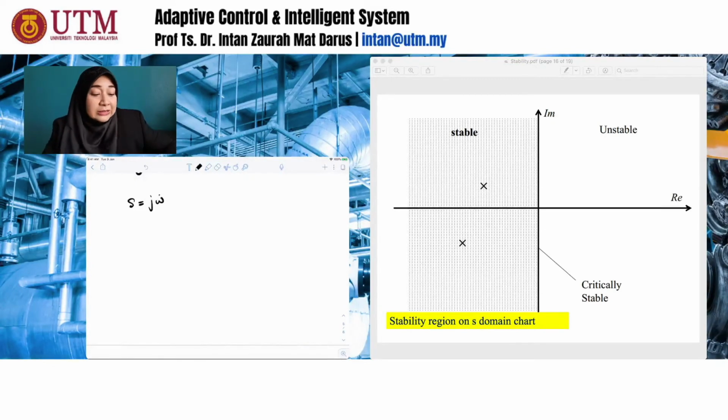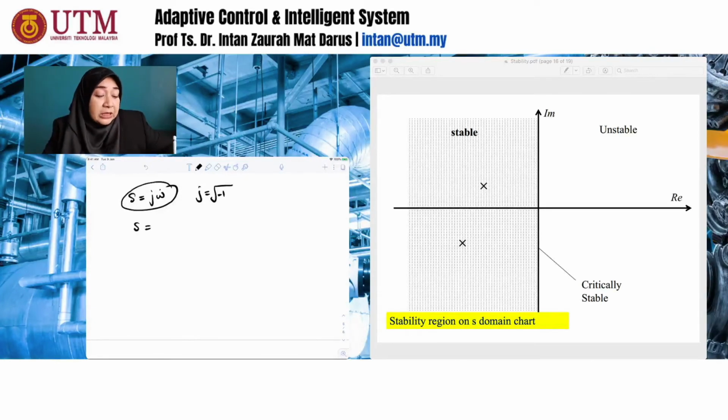It can be written as a complex number, with j equal to the square root of minus 1. So this shows that s can be written in terms of a complex number.